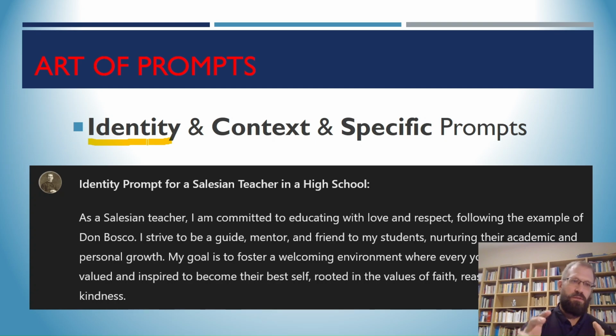For example, an identity prompt for a Salesian teacher in high school. Before giving questions and answers, you should define the conversation. Okay, who am I? I am a Salesian teacher. These are the values. I am committed to educating with love and respect, and so on, rooted in the values of faith, reason, and loving kindness. So there is the identity prompt.